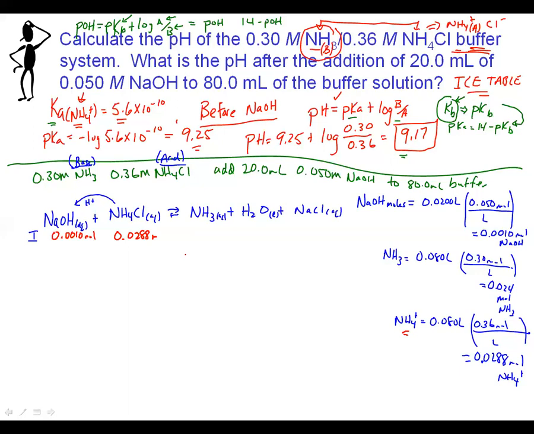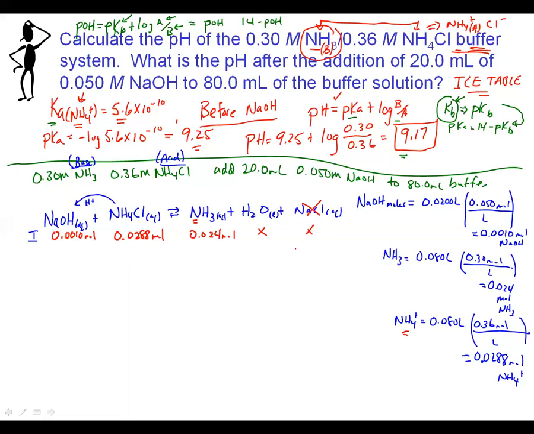Again, because it's a buffer, we do have the guy on the right-hand side as well. So our NH3 is 0.024 moles. Water, not going to worry about, right? Not going to affect the pH. Although we got this third guy over here, also a neutral salt, not going to really mess with anything.